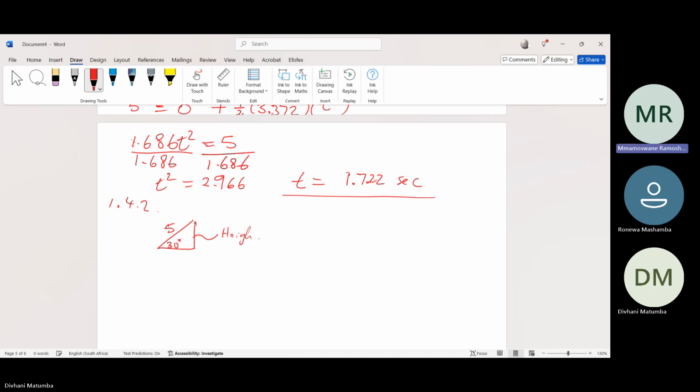So what would the value of height be? Yes. Okay, so it's gonna be sine theta. Is it sine? Yeah, sine 30 equals h over 5, and then h equals sine 30 times 5.